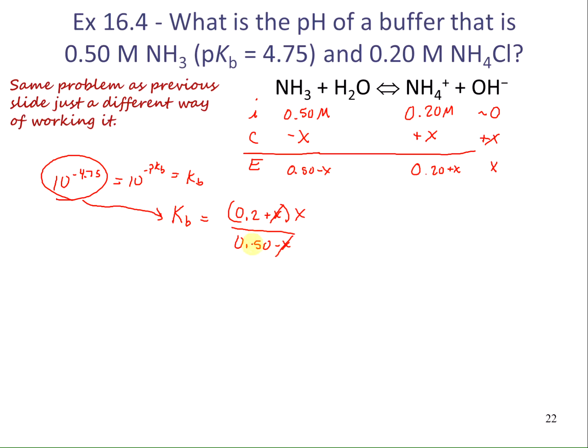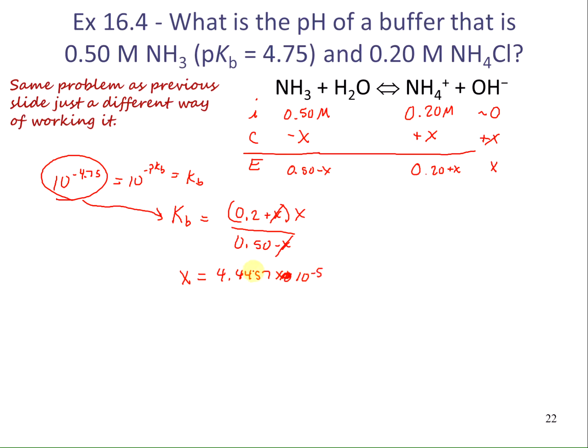Then I multiply both sides of the equation by 0.5 and divide both sides by 0.2. When I put that in my calculator, I get an x value of 4.4457 times 10 to the negative fifth.